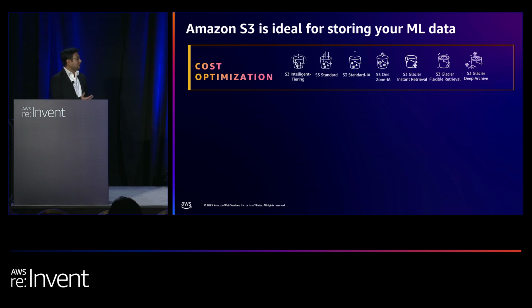For example, you have S3 Intelligent-Tiering that automatically optimizes storage costs for you. It is one of the most popular storage classes that we have in Amazon S3 that customers use for use cases like machine learning and data lakes.